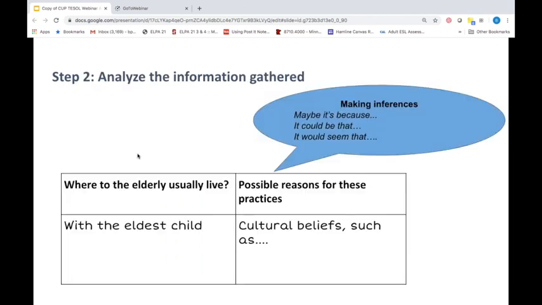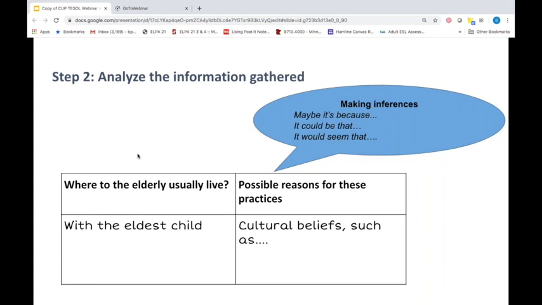Next, students are put into teams, and each team is assigned one of those original questions. For example, one team might look at, where do the elderly usually live? They look at the information they've gathered through their interviews, and they try to make some inferences. Well, we noticed a lot of people said that the elderly seem to live with the eldest child. Maybe that's one thing they found when they interviewed others in class.